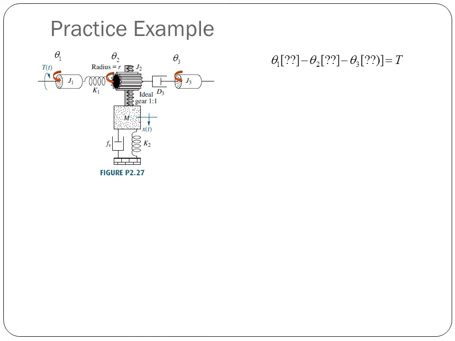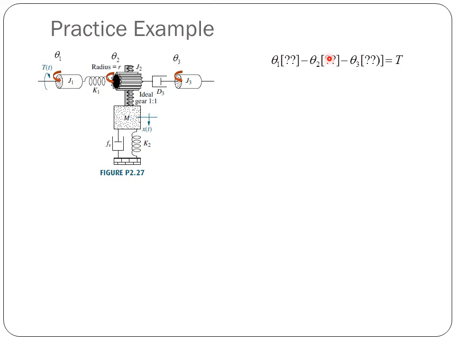Now let's have a look. At first we will write the equation based on theta 1. So we will write the impedance connected to theta 1, which is J1 and K1, we'll write these two components here. Then there is a common impedance between theta 1 and theta 2, which is k1.